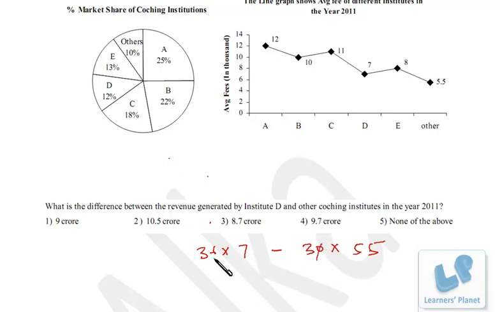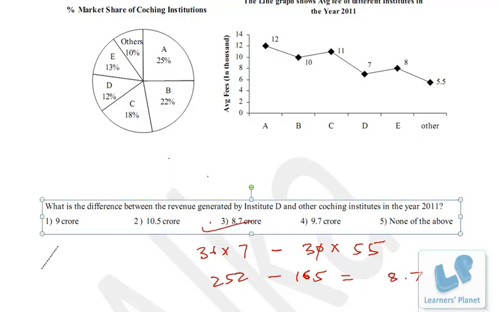So this into 1000 and 1000 over here. Okay, as simple as that. I hope you are clear.